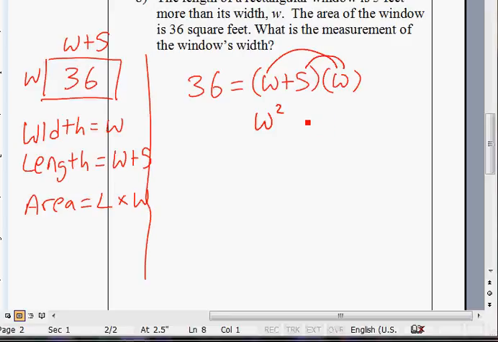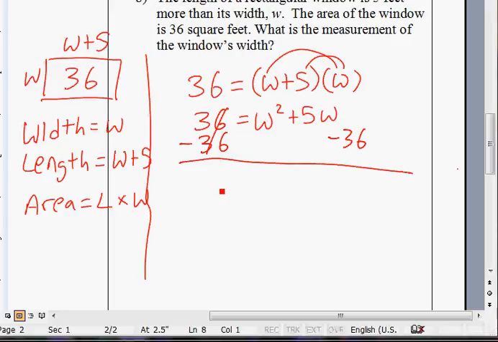W times 5, that's positive 5W. It's equivalent to 36. Okay. And now let's put everything on one side, equal to 0. So I'm going to subtract 36 on both sides. Get 0 equals w squared plus 5w minus 36.